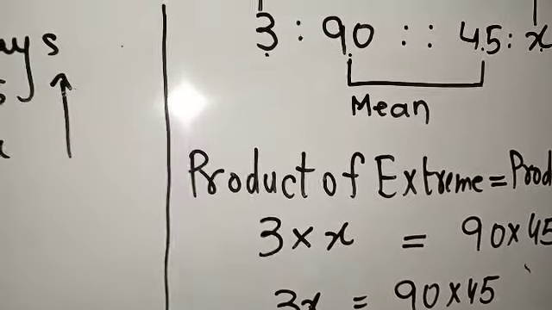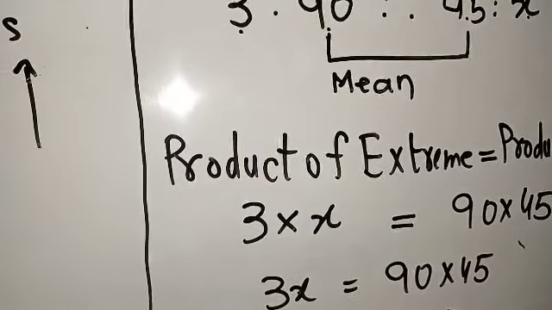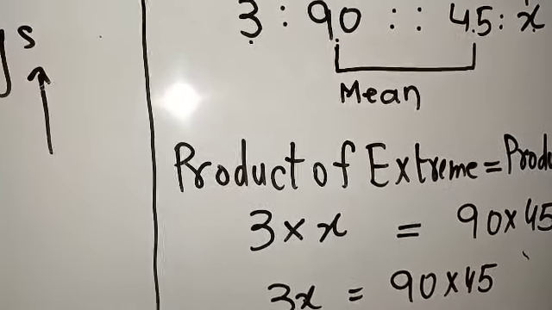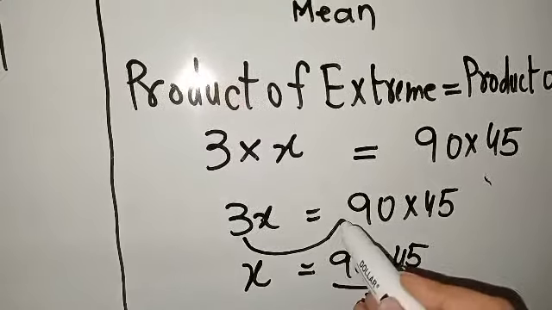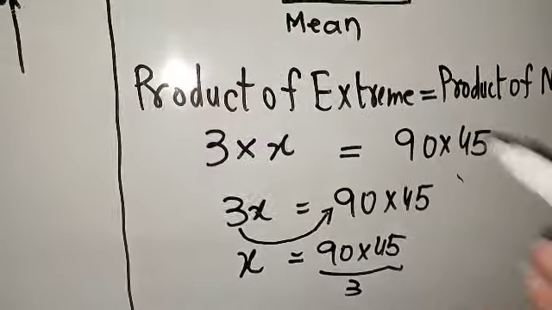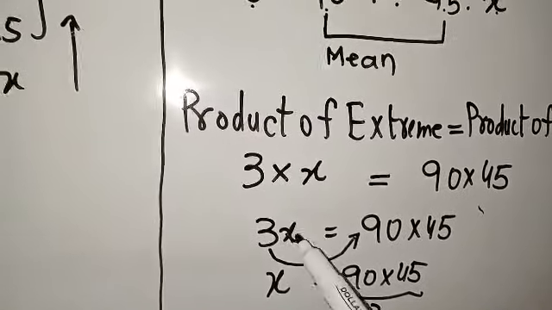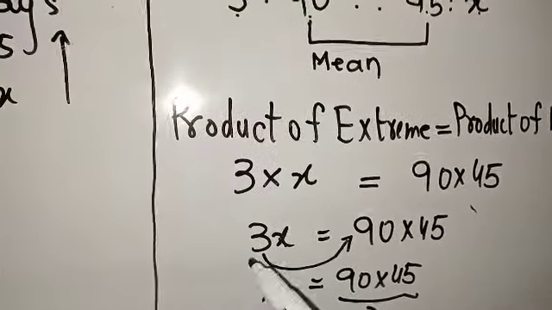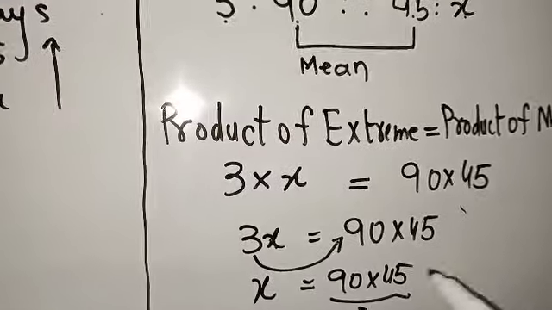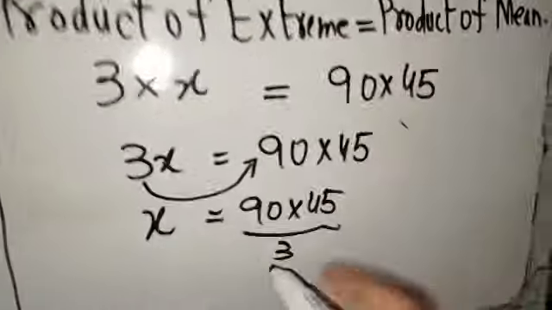This 3 is multiplying with x. When I shift it after the equal sign, it will divide, because when something is multiplying with the variable, on the other side it will divide. If it is dividing, on the other side it will multiply. Opposite things.